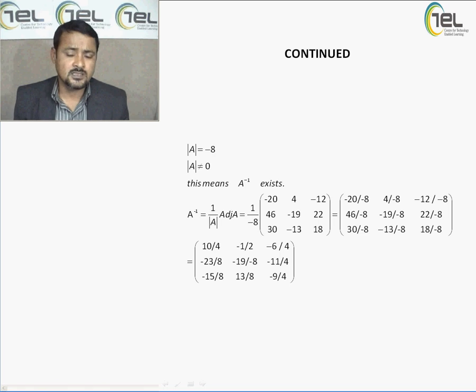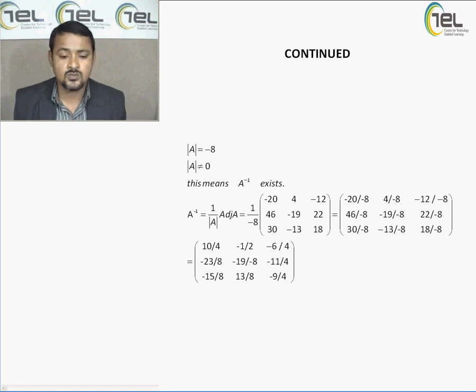I will summarize the calculation of the inverse again. To be able to calculate the inverse of a matrix, we first calculate the determinant. Under the rules of computation, the determinant of the matrix should not be equal to 0. If the determinant of the matrix is exactly equal to 0, then the inverse of that matrix does not exist, so we will not be able to calculate further.